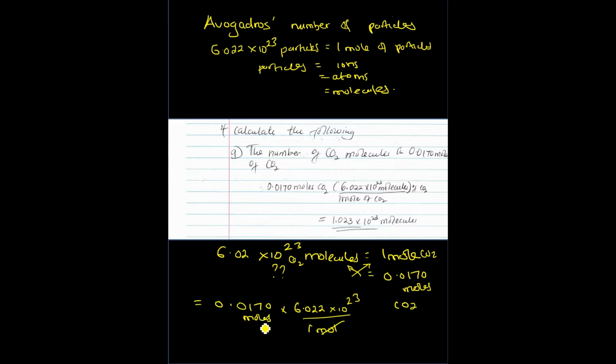So the moles will cancel. If you multiply, you get 1.023 times 10 to the power 23. I hope you did the math right. I've not used my calculator, but just check your math. Okay, next.